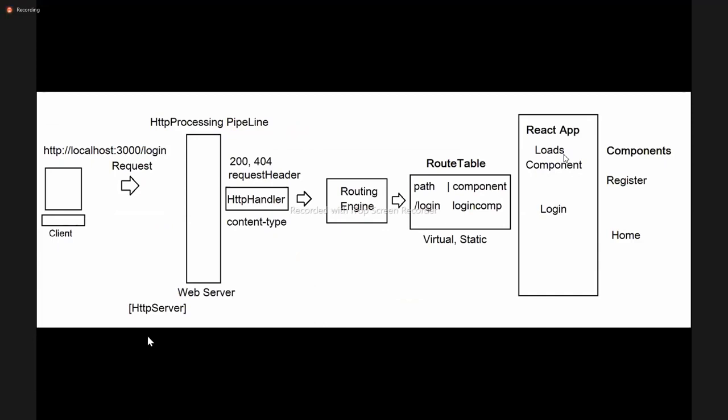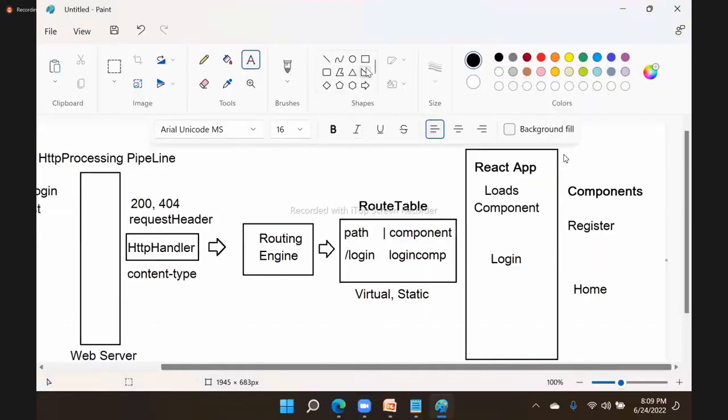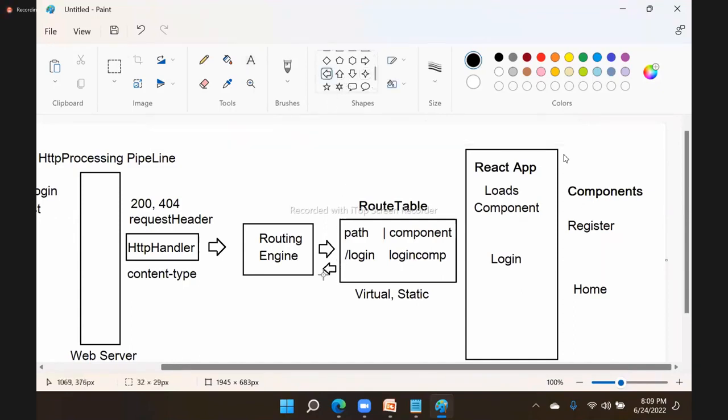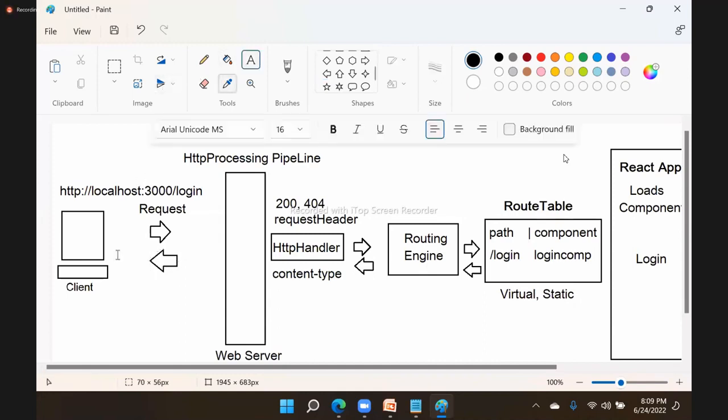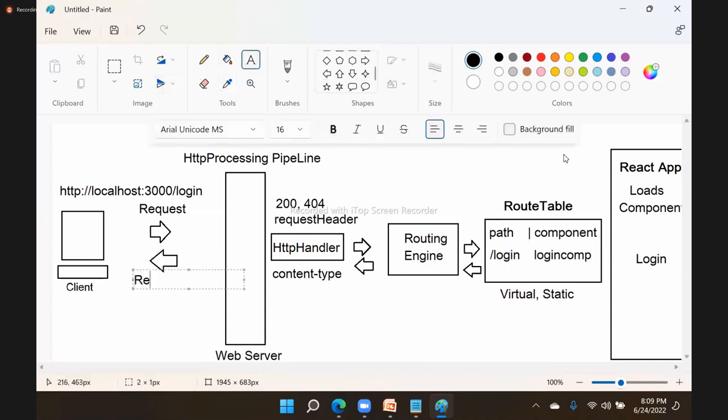The request comes, and after it is loaded, the response goes back through the routing engine, request and response, and comes back to the client. That is delivered to the client as a response.